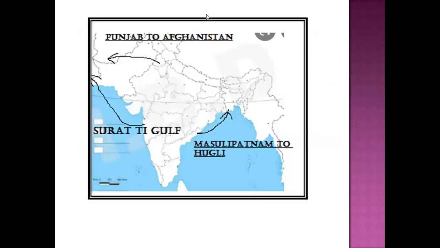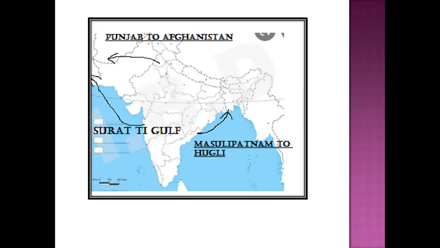Here we can see in this map, from Punjab it used to go to the countries here and Persia, and from Surat they used to go to the Gulf countries, and from Machilipatnam it used to go to Bengal. Hooghly is the other name for Bengal. In this way, sea routes were used in all directions, and land routes were also used for this trade and business.